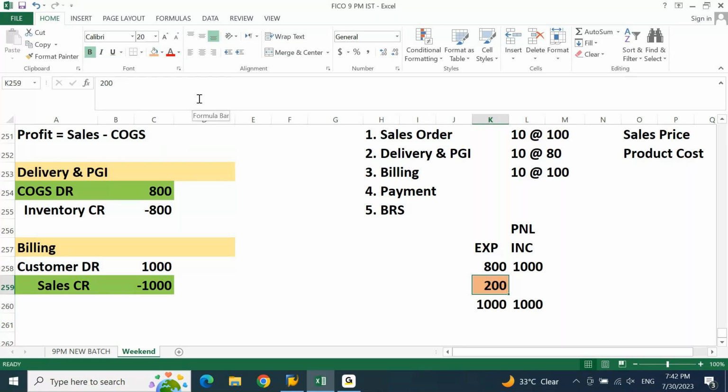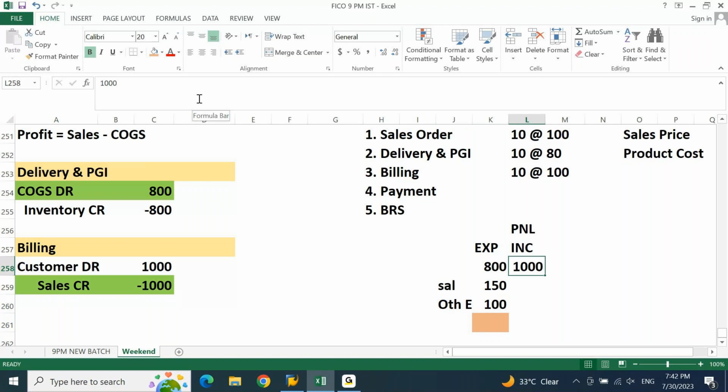Now, when you create your P&L, are you going to write only sales and cost of goods sold, or are you also going to write other information like salaries, rent, electricity bill, bank charges, commission, other content? All the expenses, sir. Let's say I am writing 150 for salaries and 100 for other expenses.